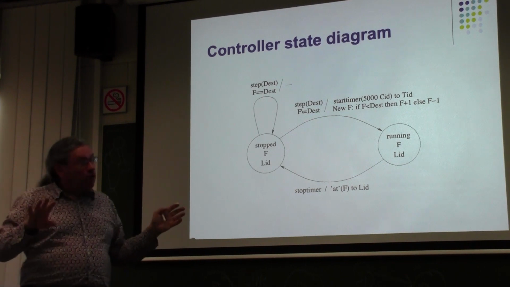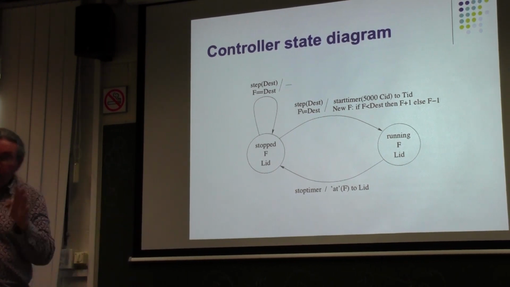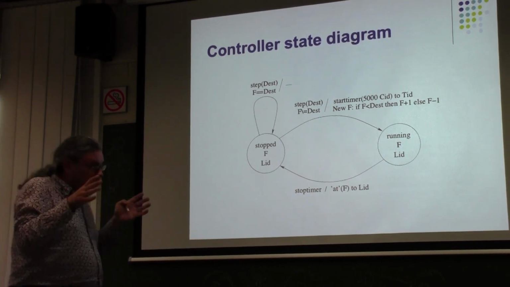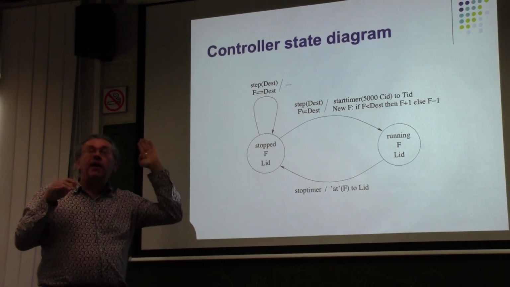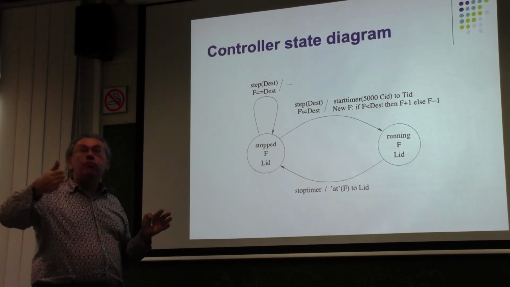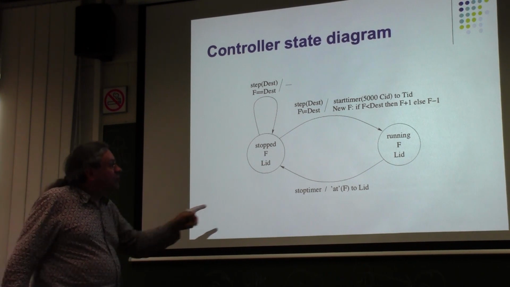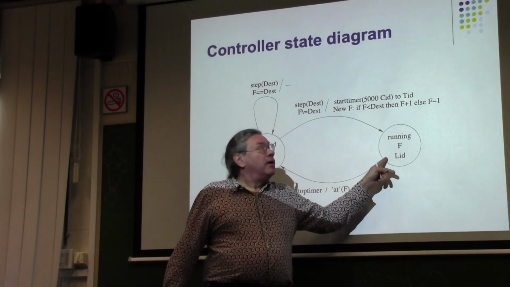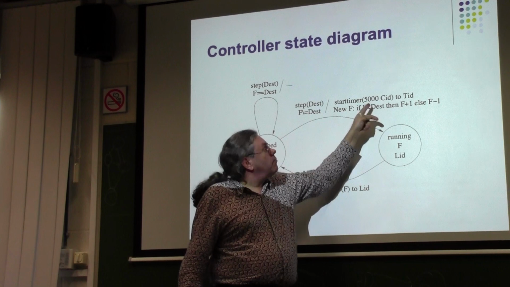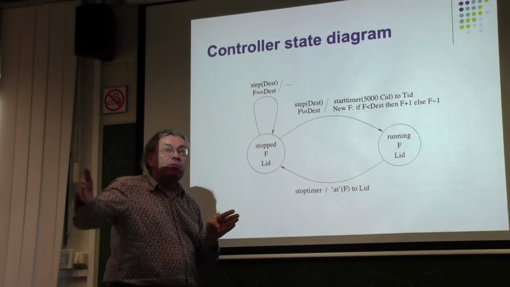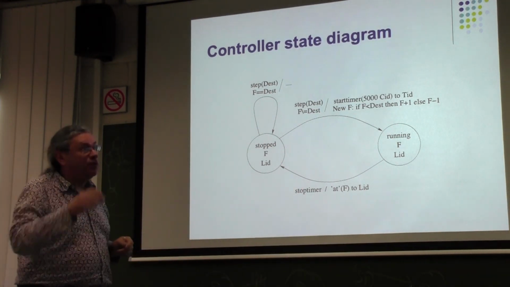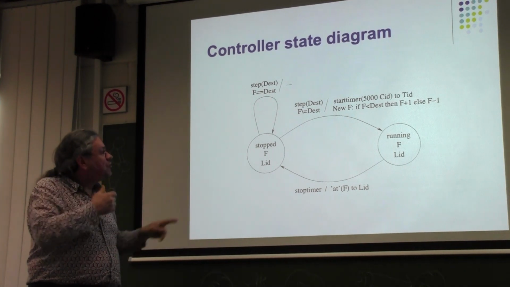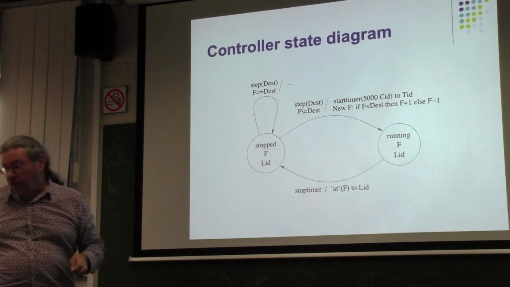I'm going to show you the running code, and it will be a simulation doing things at certain times. So it's running through time, and this timer is very important. This 5 seconds is very important because it organizes the simulation. So this is my controller state diagram.